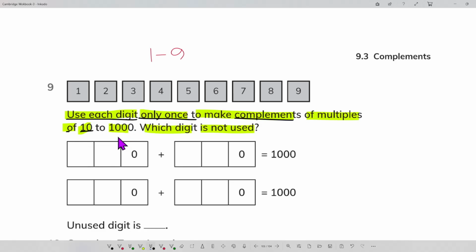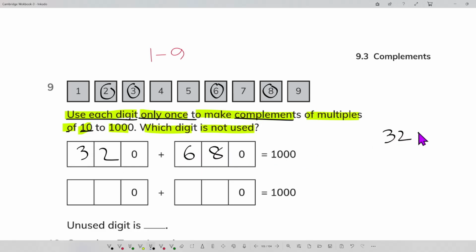So let's say, suppose here is 3, here is 2. We can use this one because we see here is 6 and here is 8. What does it mean? Suppose 32, it means 320, and this is 680.